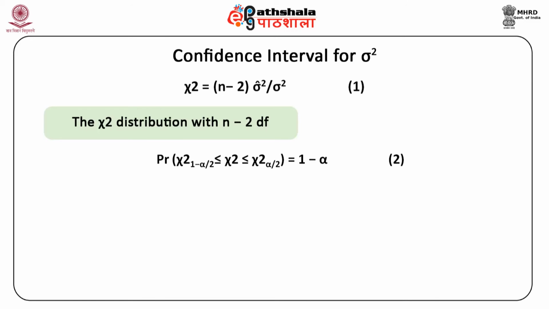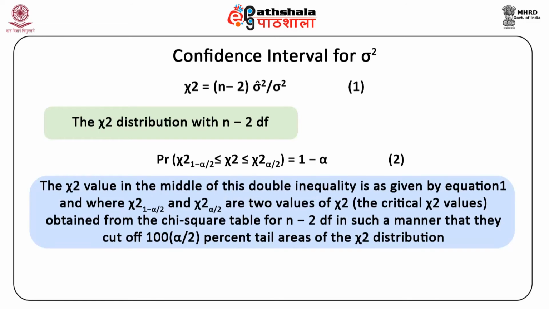So in this, the chi-square value in the middle of this double inequality is as given by the equation 1. And chi-square 1 minus alpha by 2 and chi-square alpha by 2 are two values of chi-square which are also the critical chi-square values and are obtained from the chi-square table for n minus 2 degrees of freedom in such a manner that they cut off 100 into alpha by 2 percentile areas of the chi-square distribution.